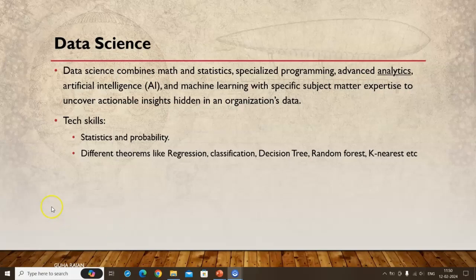As far as machine learning is concerned, it involves all the different theorems as well. So you need technical skills. Yes, you might require Python, and Python is used exhaustively in data science as well. We will also look into how artificial intelligence, machine learning, and data science are interrelated.